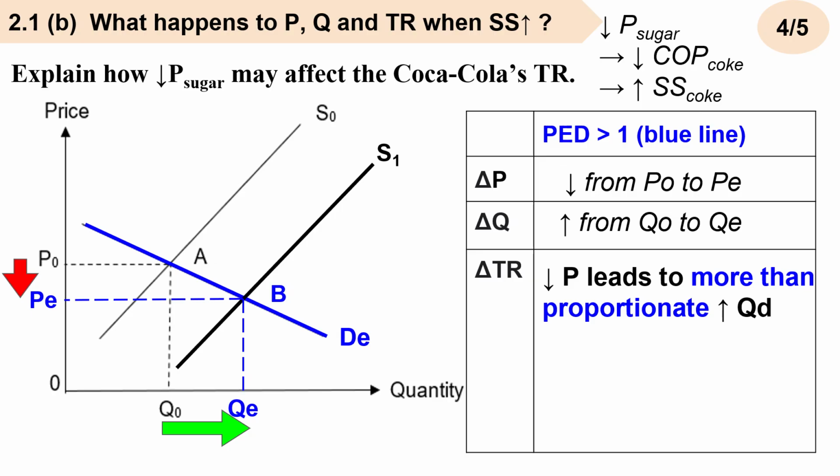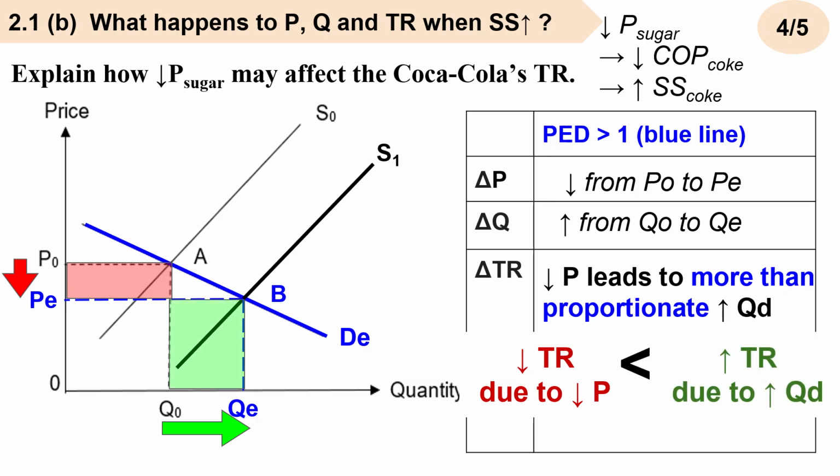And then we look at total revenue, okay? The decrease in total revenue due to the decrease in price is less than the increase in total revenue due to the increase in quantity demanded. Yes, it's the same thing, it's just the other way around.